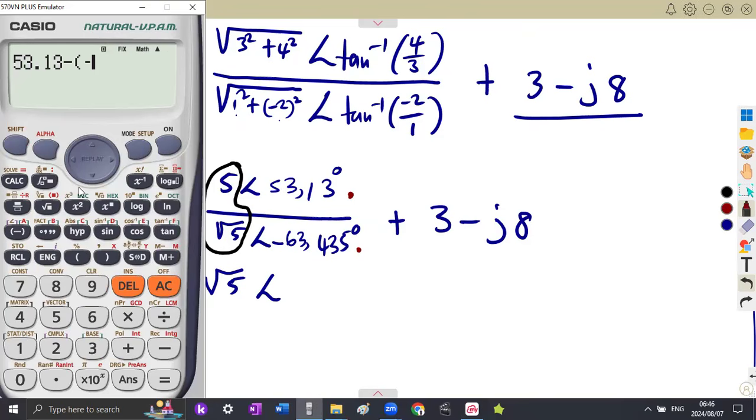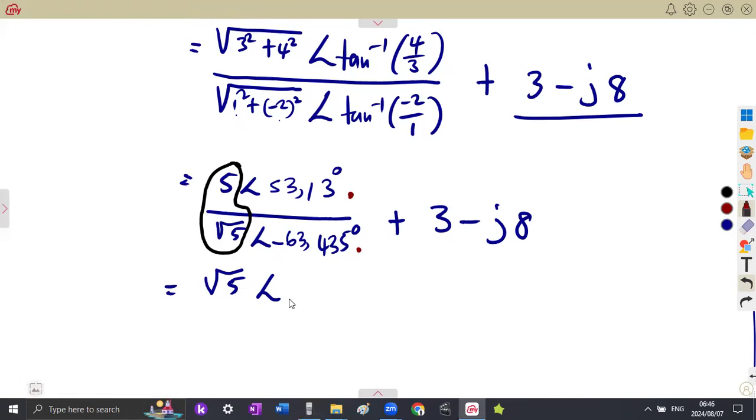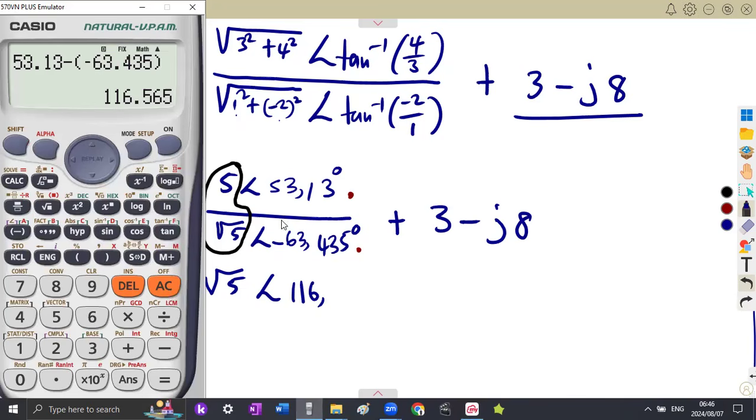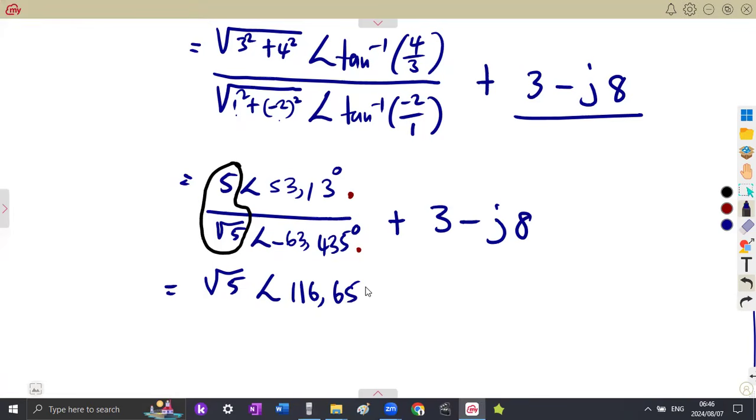So there's a negative there, 63.435, like that. So this is going to be 116.565. Sorry for this.